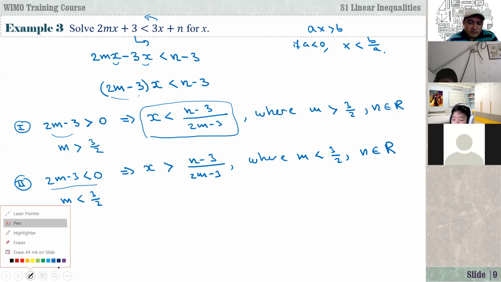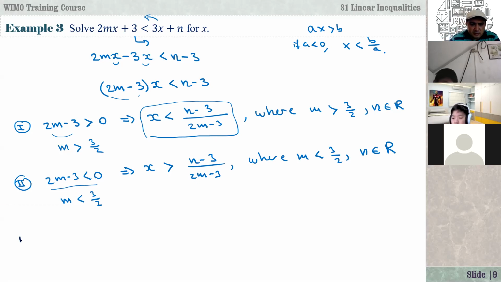And we have one more condition left. Let me just change the color here. Now, for this last case, what if m is equal to 3 over 2?